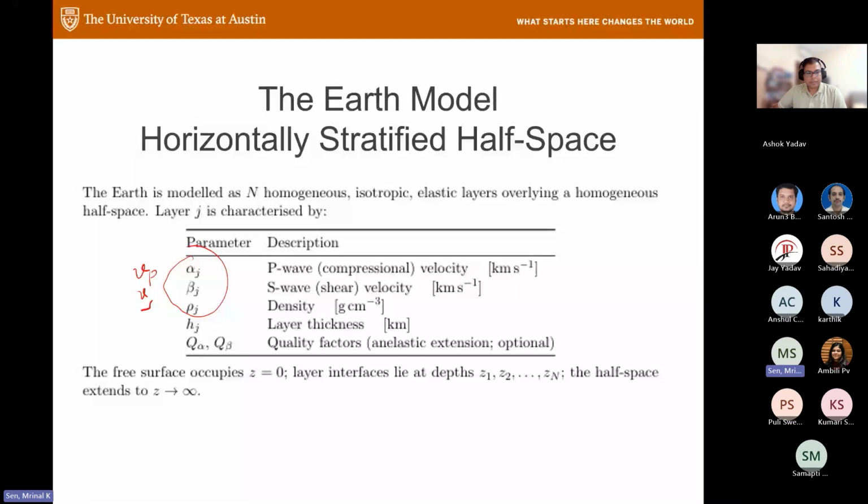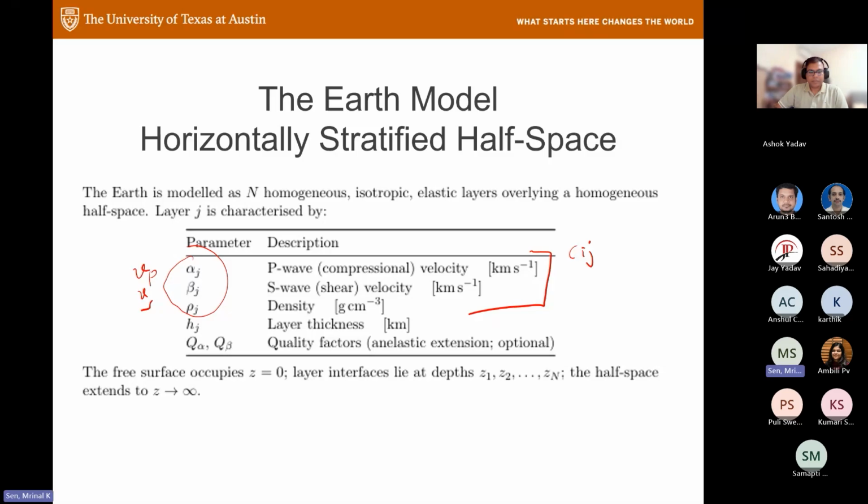Now, when there is anisotropy, you have to have the CIJs, right? As we saw last week or the week before, the CIJs are the coefficients of your stiffness matrix. And depending on whether you're using VTI or general anisotropy, the CIJ can have 21 independent coefficients or 5 coefficients for the VTI case.